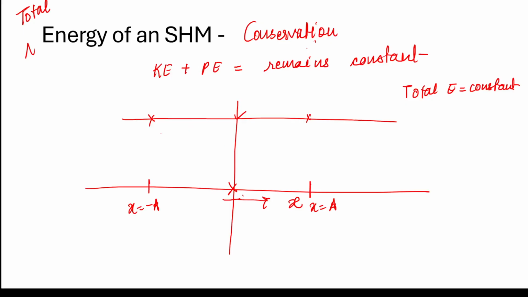Sometimes that energy would be in the form of kinetic energy, like at x equals 0, there is no potential energy, so all of the energy is in the form of kinetic energy. I'm using a blue color, so here it's only kinetic energy. And when at x equals a, your KE would become 0, so blue is KE.